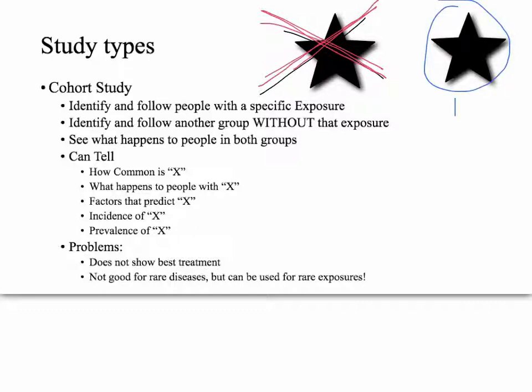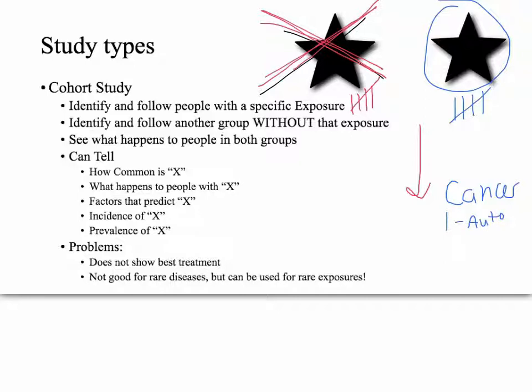I find a group of 5 people that were exposed to radiation, and a group of 5 people that were not exposed, and I decide to follow them forward in time to see what diseases each group gets. Out of the 5 that were exposed to radiation, 4 got cancer, and 1 died in an automobile accident.